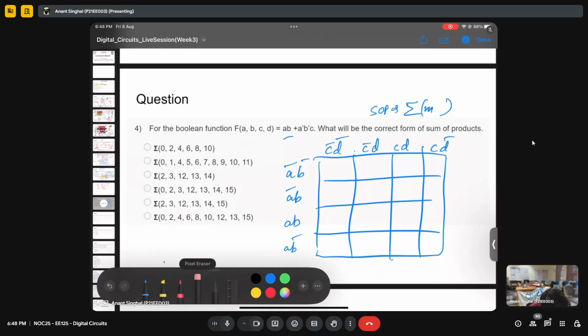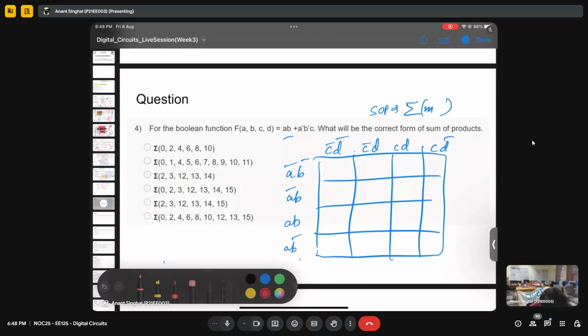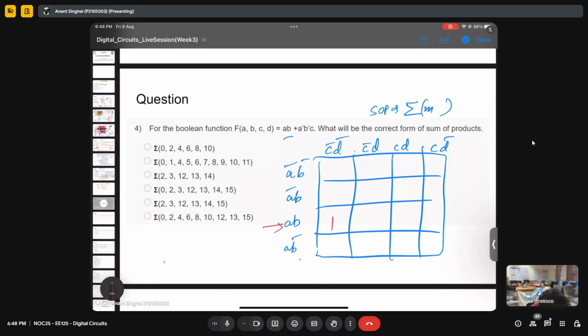The first term is AB. AB is this, right? So these four will be one. The second term is A bar B bar, and C is common in these two, so these two will be one. Are you getting how I filled this K-map? Any doubt? Please let me know quickly.